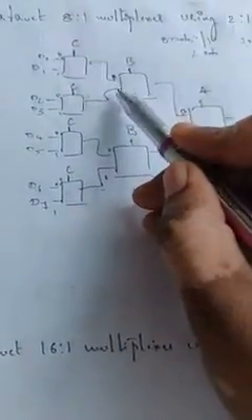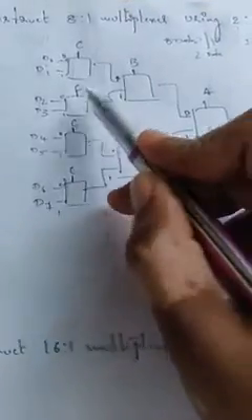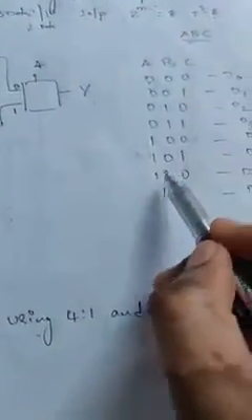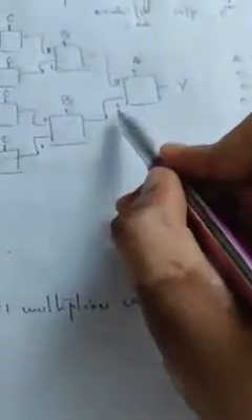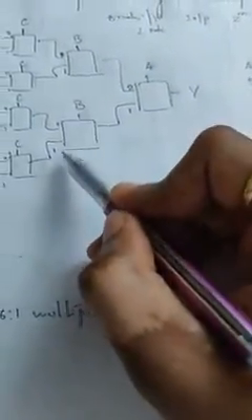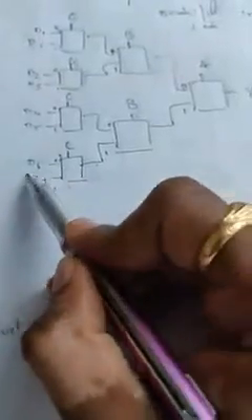0 1 0: A is 0, B is 1, C is 0. Here it is D2. Similarly, if you want to go with this one, A is 1, B is 1, C is 0, nothing but D6.